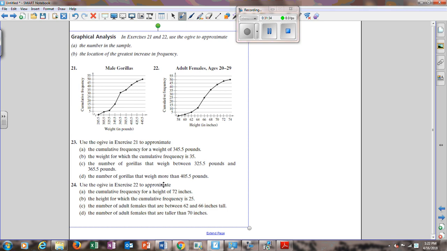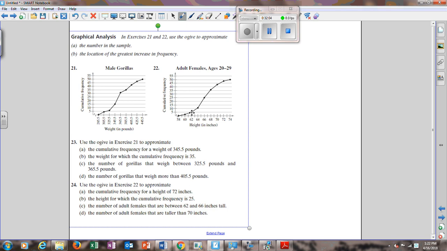All right. Number 24, cumulative frequency for a height of 72 inches. Just go out to where it's 72, go up to that dot. Looks like about 48, 49, somewhere in that range. I'd say 49. Height for which the cumulative frequency is 25. Just go up to 25. That would be at 66. Number of adult females between 62 and 66 inches tall.